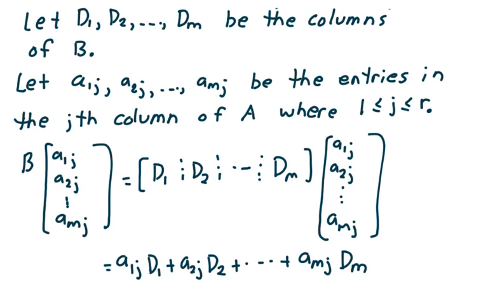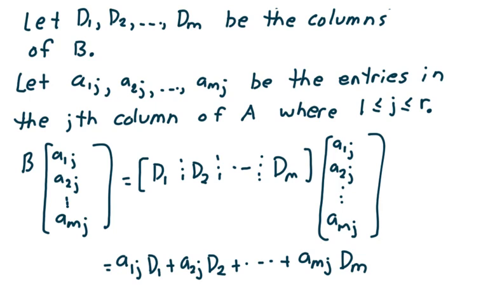So let D1 through DM be the columns of B, and let A1J, A2J through AMJ be the entries in the jth column of A, where J is between 1 and R. So we're going to look at B times the column vector A1J, A2J through AMJ.